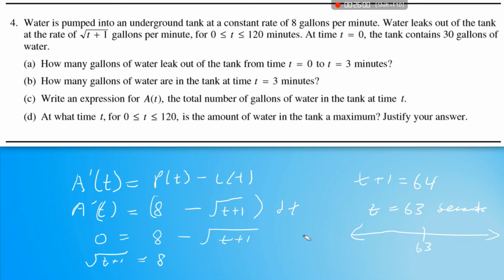So if I plug in t equals 0, will my answer be positive or negative? Positive. If I plug in t is 1,000,000, will my answer be positive or negative? Negative. Okay, so is t equals 63 a maximum or a minimum? Maximum. Okay, so we just need to justify our answer now.